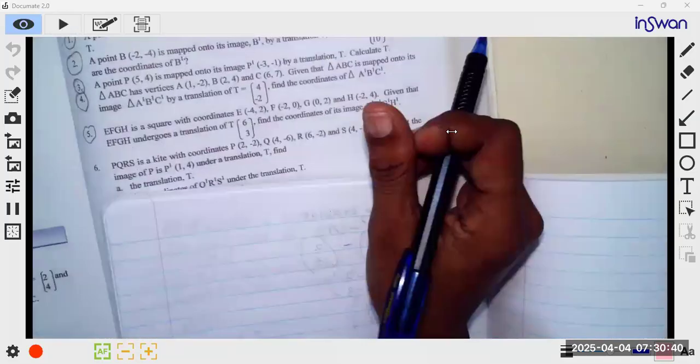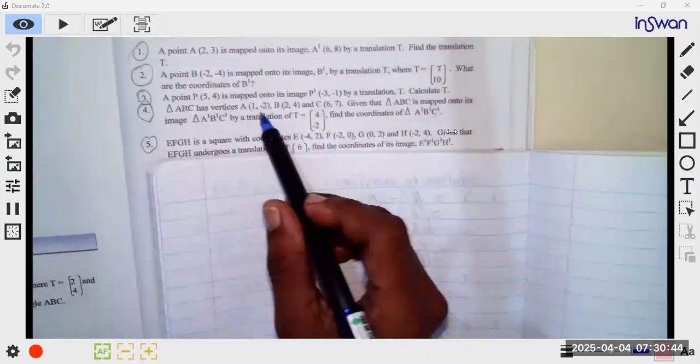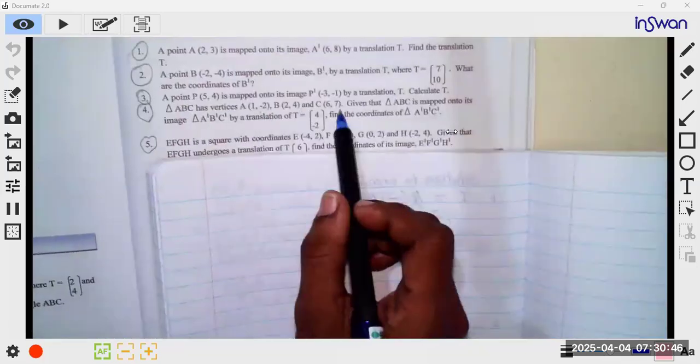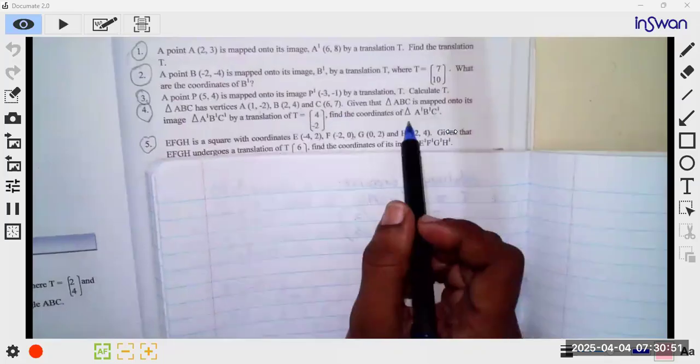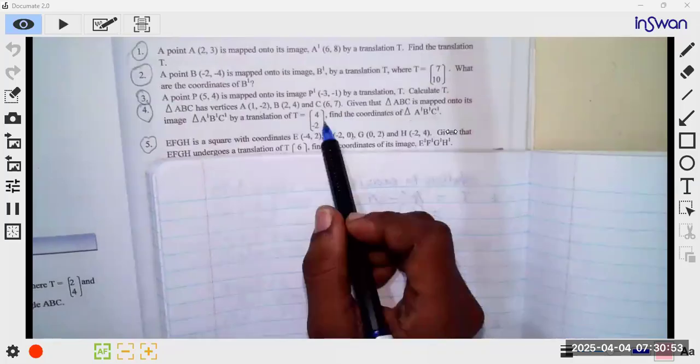So this is what you're doing. They gave you the object, A, B, C is the object, and they want you to find the coordinates. They give us the translation vector.